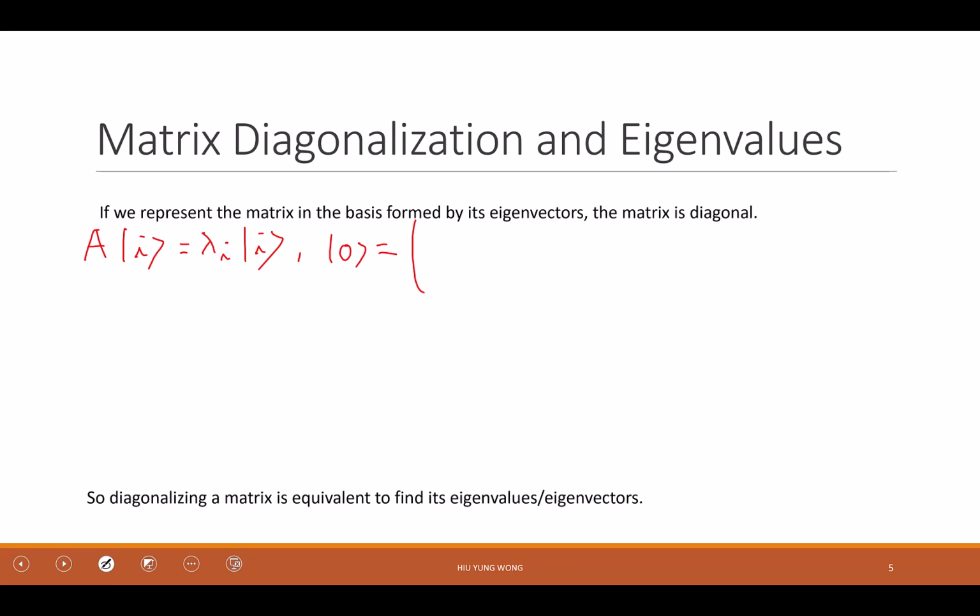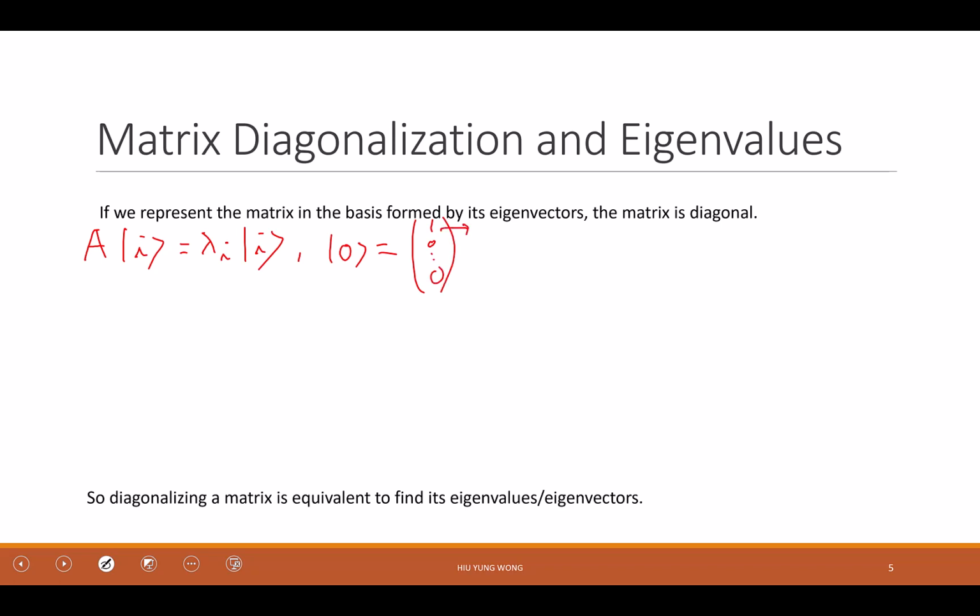But now I'm asking, what is the first eigenvector of A when I write it in the basis formed by the eigenvector of A? Right? So you're right. I keep repeating the same thing. It must be this.